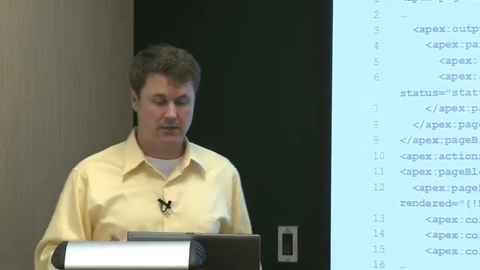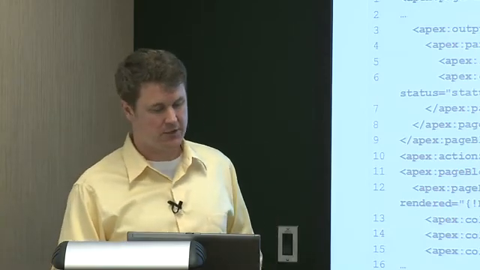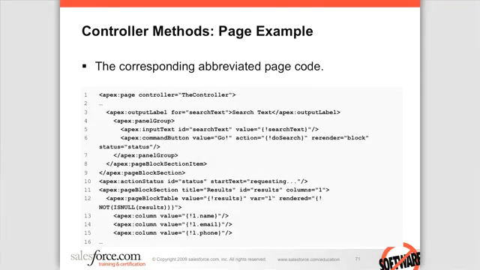All right, let's take a look at the abbreviated markup associated with our Visualforce page. So here's our reference to the controller and the controller attribute. Notice that we have an input text. We're doing some data binding to search text. Down below that is a command button. The action attribute is equal to an action binding, which is curly brace, exclamation, and then doSearch.